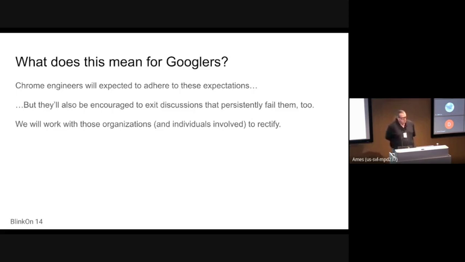We will encourage Googlers to exit conversations if they're just being abusive. This is one thing I think we've fallen down on in the past couple of years, where sometimes we throw our engineers into conversations, not give them the backup, and they don't go well, and we don't provide that support. We don't want that for anyone, including people outside too.